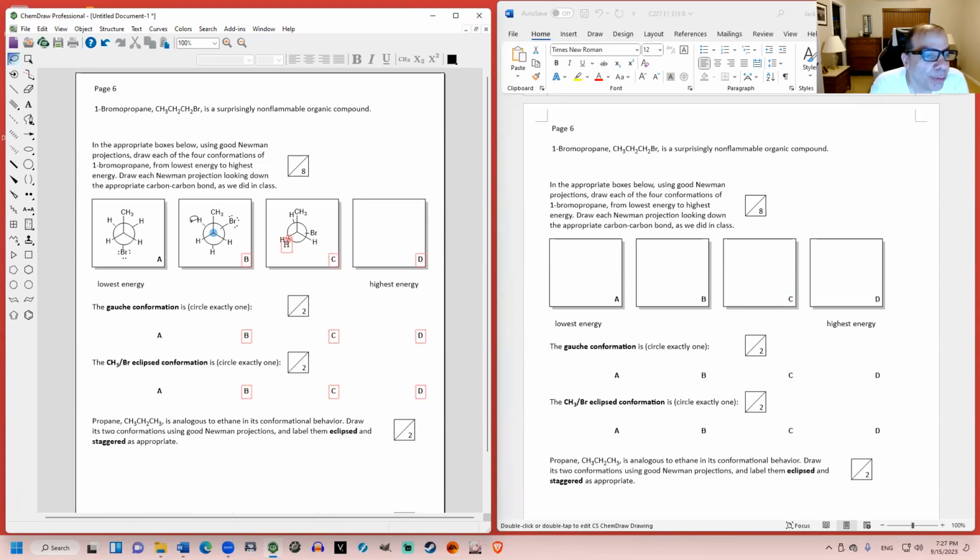But that's the methyl hydrogen eclipsed. And I don't think I have room for the lone pairs. And the highest energy of all will be the methyl bromine eclipsed.